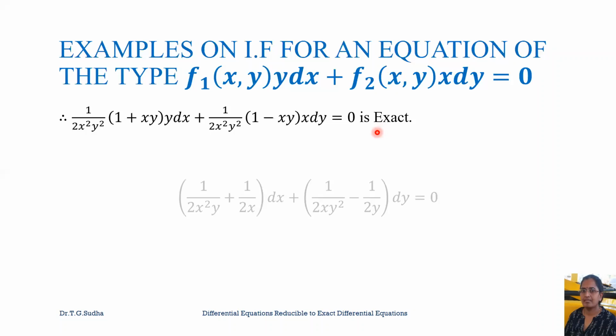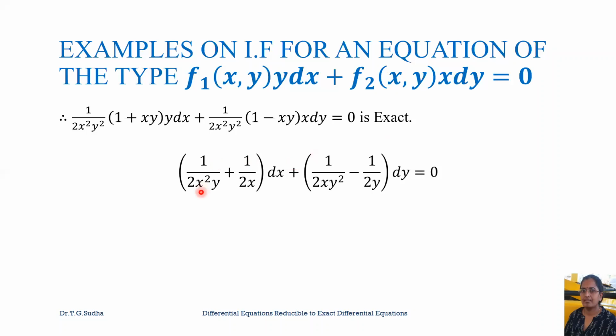So let us simplify this to get (1/(2x²y) + 1/(2x)) dx + (1/(2xy²) - 1/(2y)) dy = 0, and this is an exact equation because we multiplied the given equation by the integrating factor to get an exact differential equation.